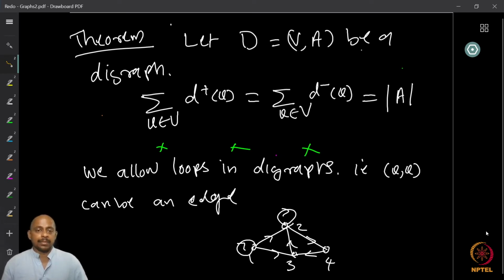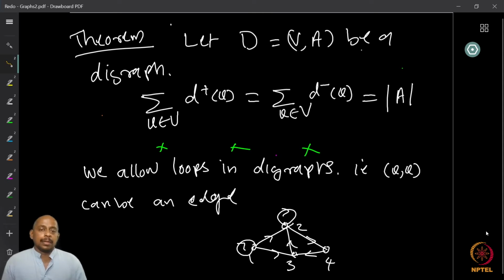So the out degree sum must be equal to the in degree sum, which is equal to the cardinality of the arc set, right? How many arcs are there? So this is immediately clear, and the proof we have just mentioned.